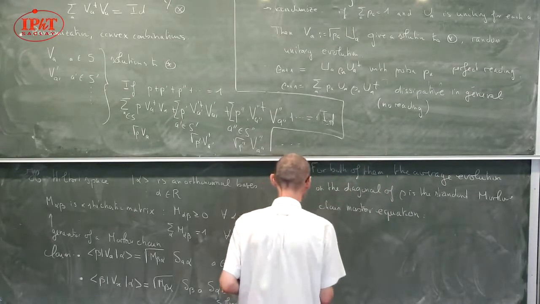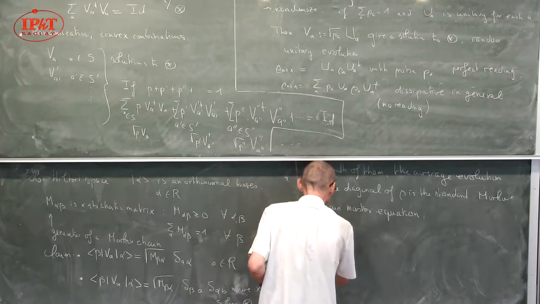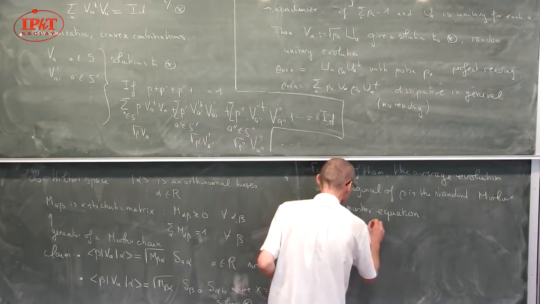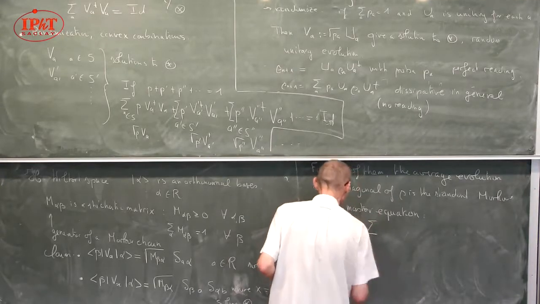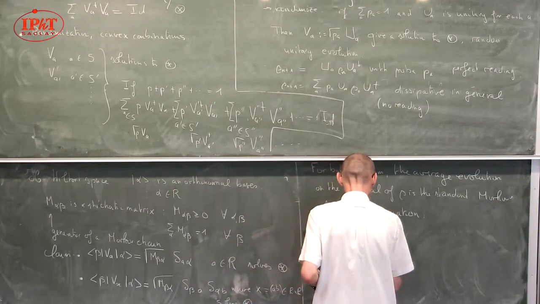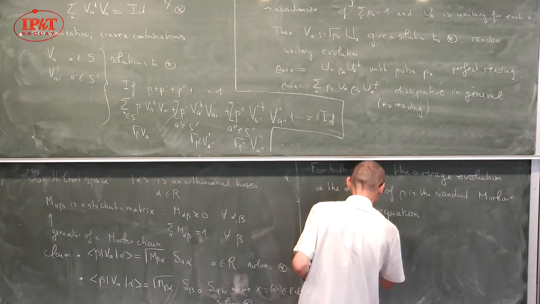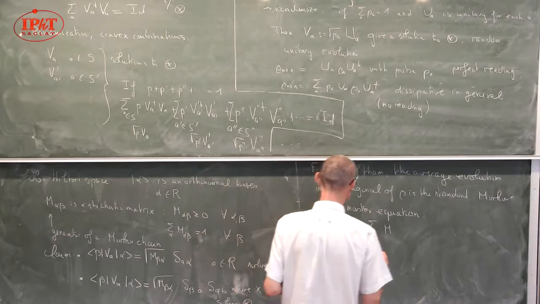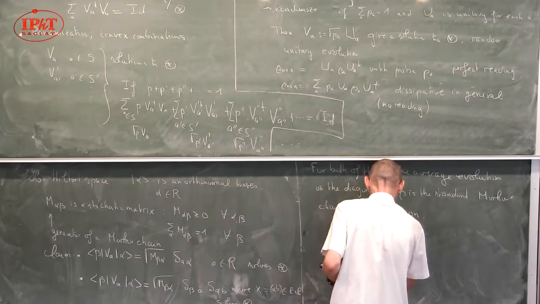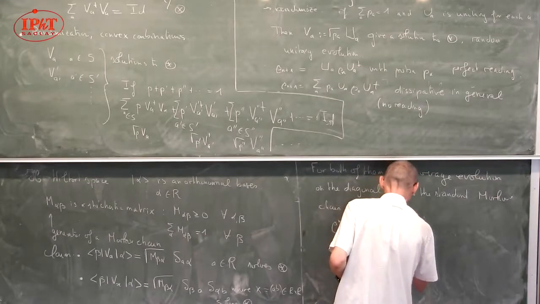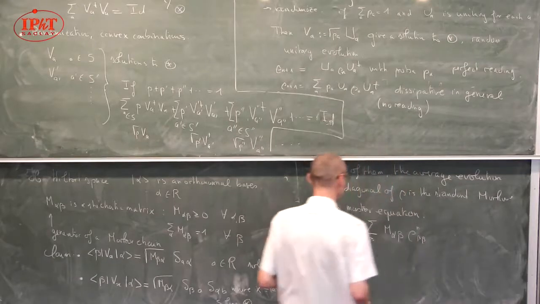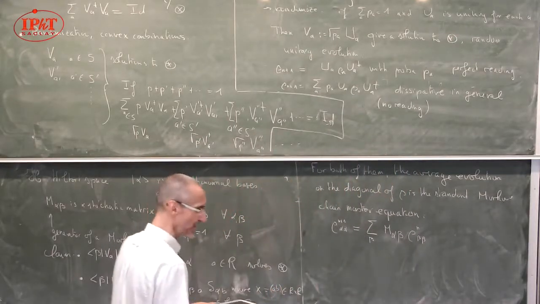Which means that rho_{n+1}^{alpha alpha} is simply equal to the sum over beta of M_{alpha beta} rho_n^{beta beta}. So that's something you have to check as well.